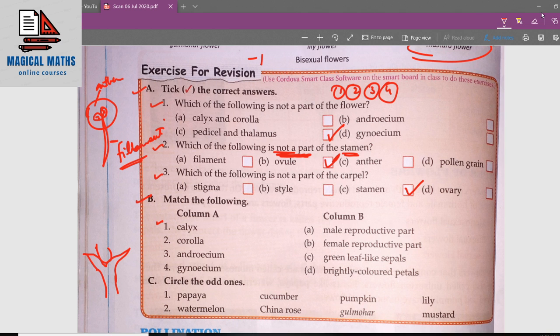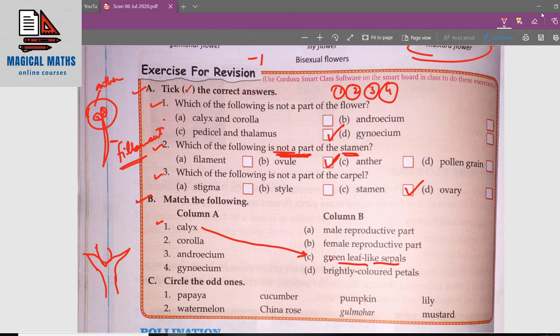It is also not the female reproductive part. It is green and leaf like, a sepal. So you will match 1 to C.